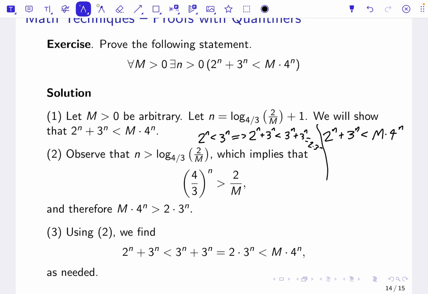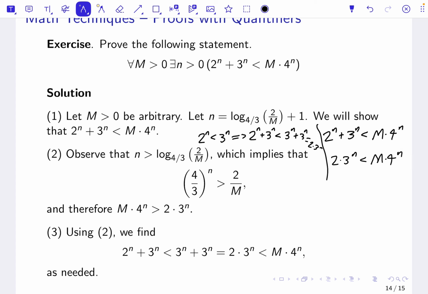So that actually gives us our simplified side of the inequality. We can go ahead and simplify the original inequality to say 2 times 3 to the n is less than m times 4 to the n.